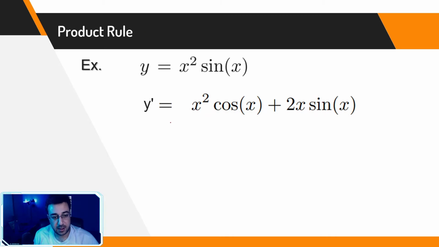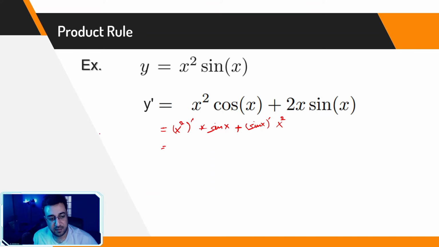So I can say the derivative of the first, so x squared prime, in this case, multiplied by sine of x, plus the derivative of the second, which is sine of x, in this case, you can give it a prime, multiplied by the second as it is.